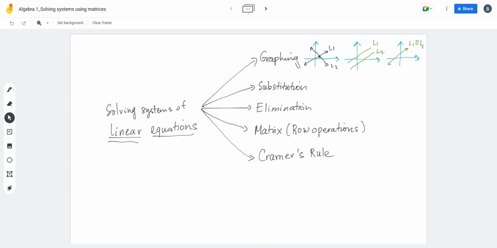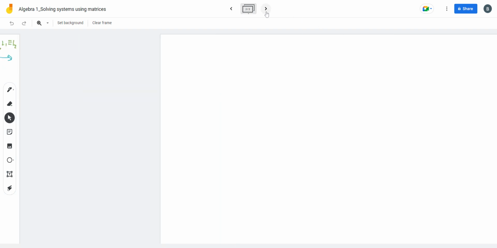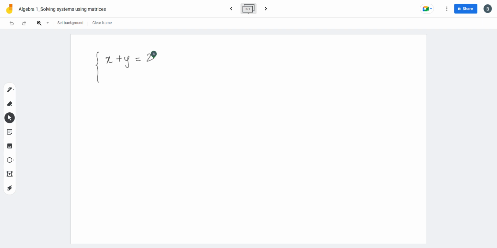A matrix simply is a way to represent systems of linear equations. That's it. For example, in our class, let's say that we have a system of two linear equations: x plus y equals 2 and 2x minus y equals 1.